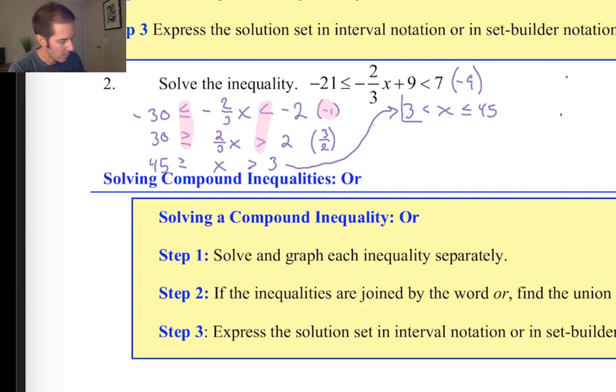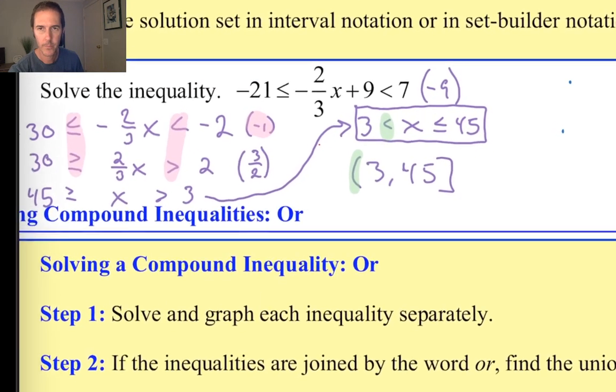We could also use set builder notation, wrap it in parentheses, set of x values such that 3 is less than x is less than or equal to 45. Or the more typical way, you could put it on a number line also. The most typical way that we're going to see this is written like this. The parenthesis is happening here because this is a strict inequality. It does not contain the less than or equal to symbol.